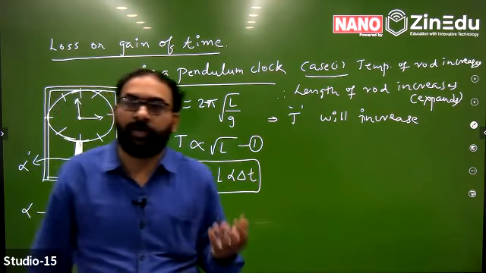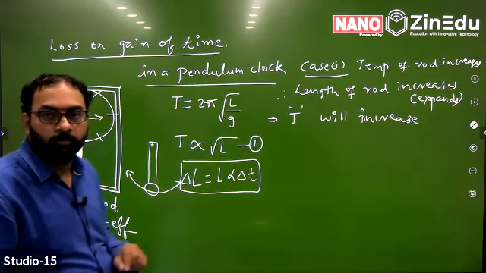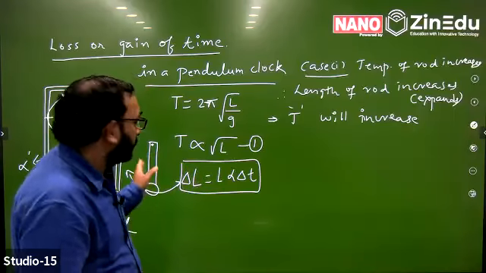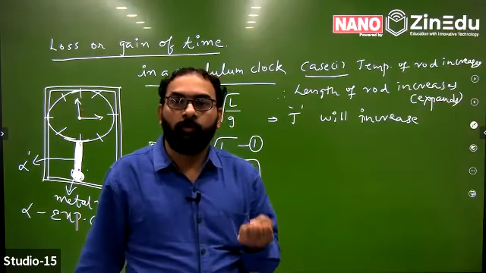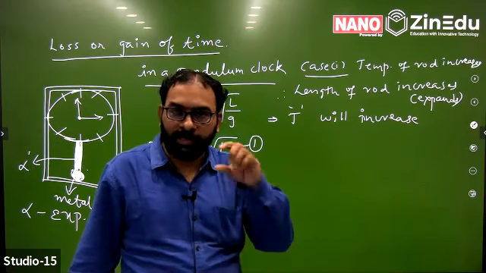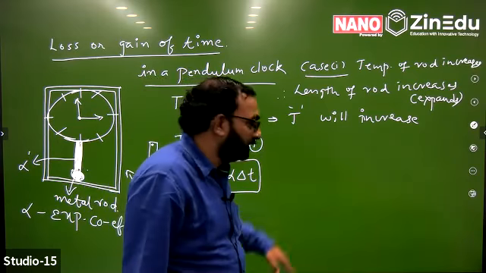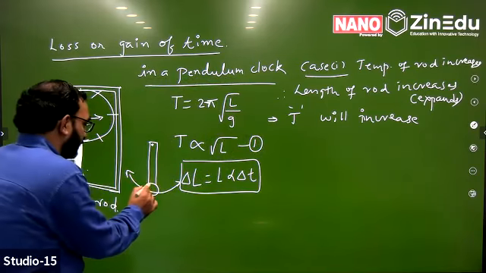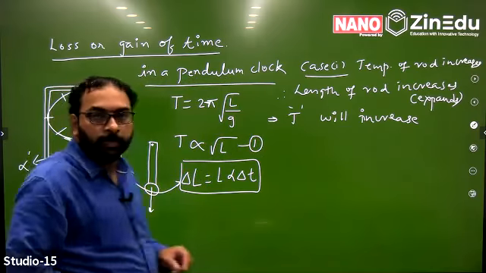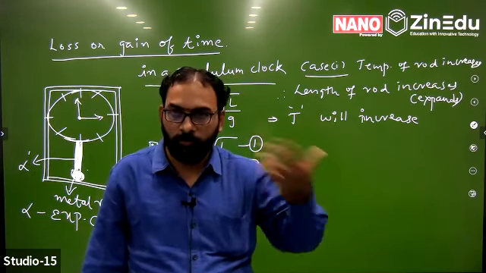If the time period increases, what happens? As the time period of the rod increases, what is going to happen? The clock will show less time. This is in general. Technically the word used is loss of time. Why? As the length of the rod increases, the time taken to complete one oscillation will be more.